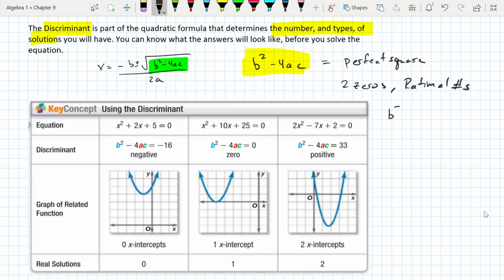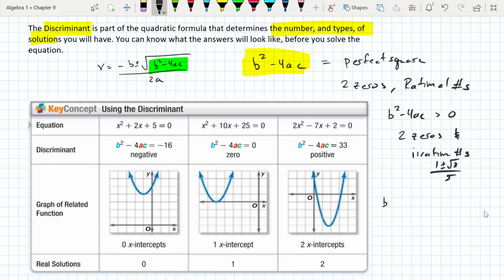If the discriminant is bigger than 0, there's going to be two zeros and irrational numbers. Stuff like 1 plus or minus the square root of 3 over 5. That's an irrational number. Usually we put it in our calculator to figure out the decimal form.